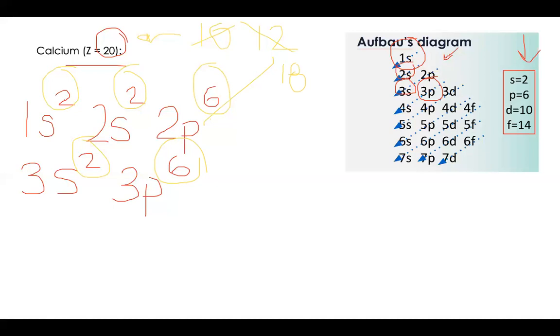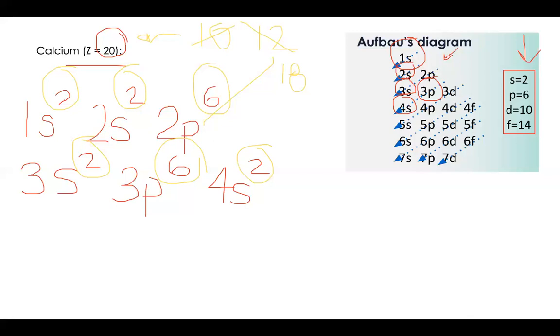So after 3p, what I have next is going to be 4s. So I'm going to write 4s2. Now if I add all the numbers that I have in each one of the sublevels of energy, the sum of all of them is going to be the 20 that calcium has.